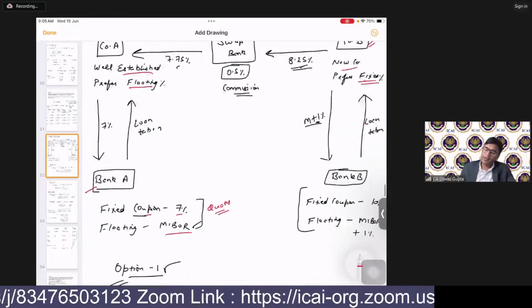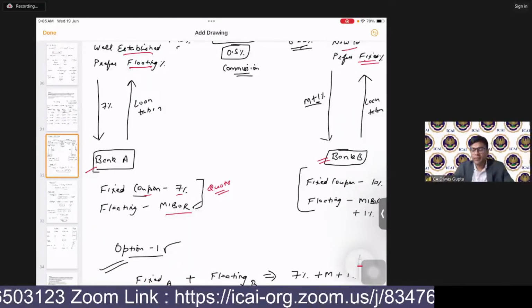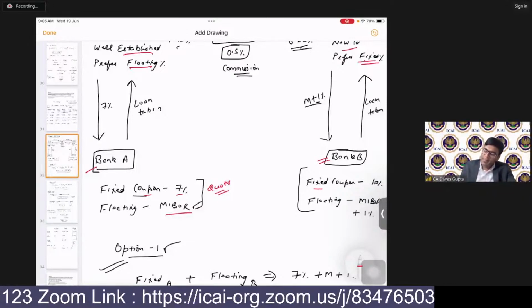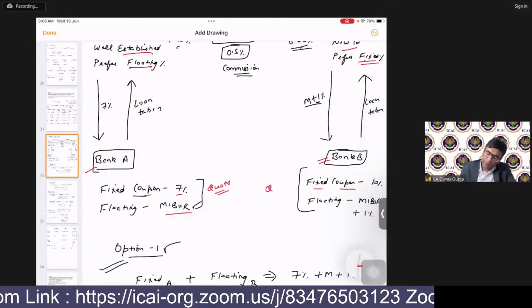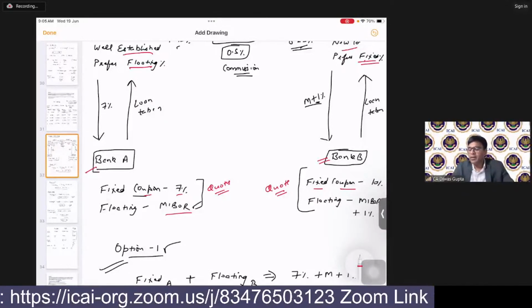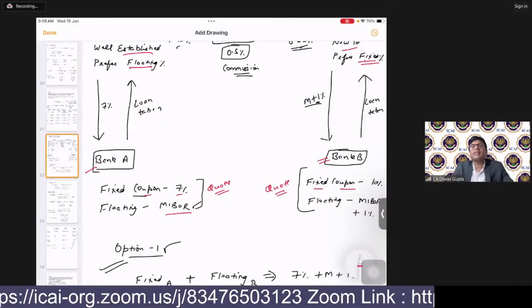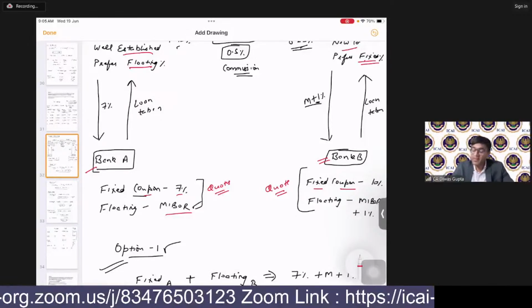Okay. Now they approach their own bank, which is called Bank B. Now Bank B is quoting this. So this is again a quote from Bank B to Company B. So there is a fixed coupon at the rate of 10%. There is a floating of MIBOR plus 1%.